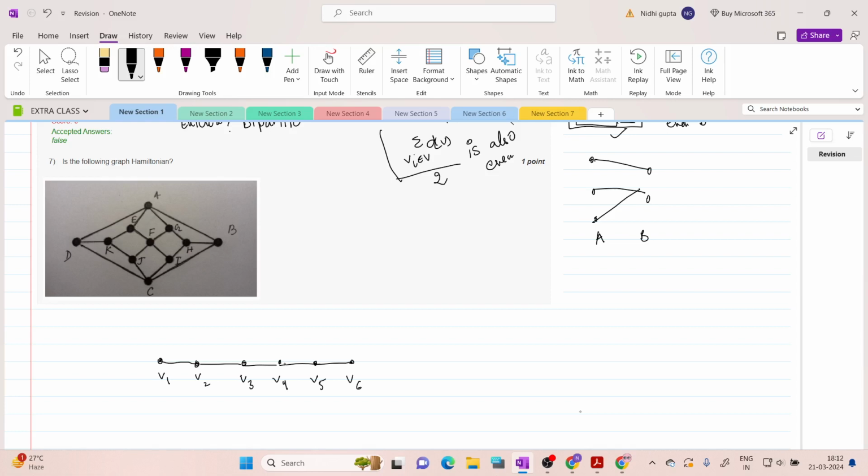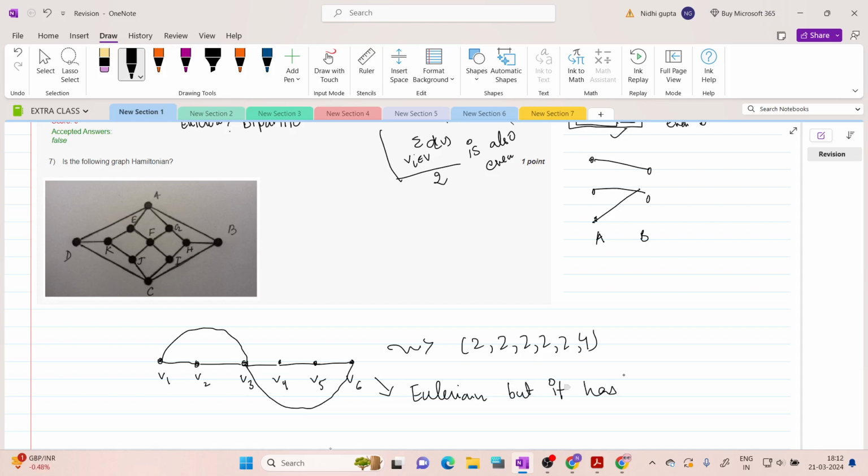Now we just want one vertex to have degree 4, so maybe we can connect this and this. Now this graph has degree sequence 2, 2, 2, 2, 2, 4. So this graph is Eulerian, but it has an odd number of edges.